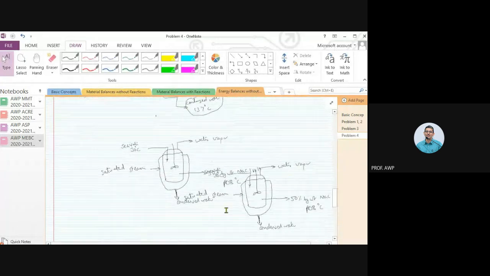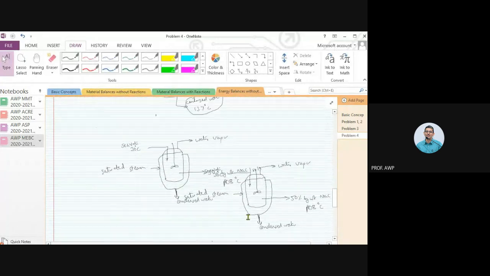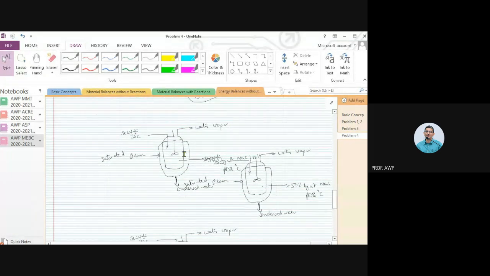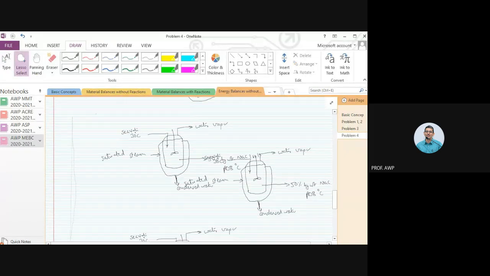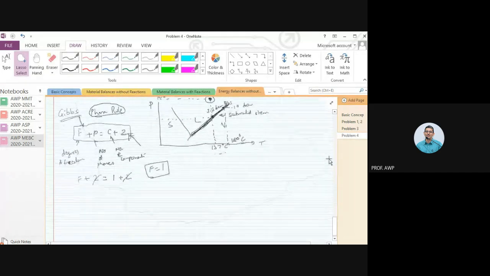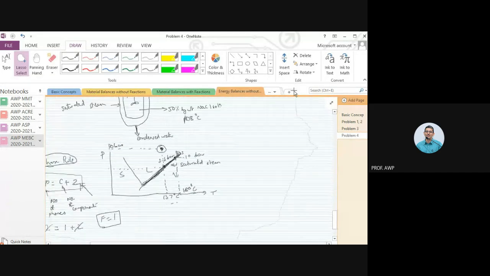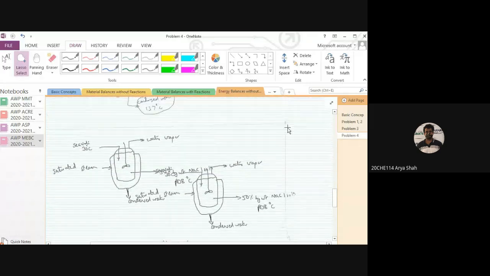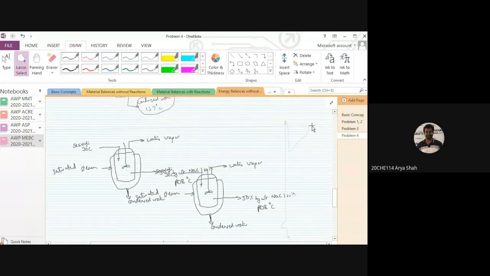Okay, anybody else can think of any other option? Any other option? Why are we thinking that it would only take latent heat and not cool down further?